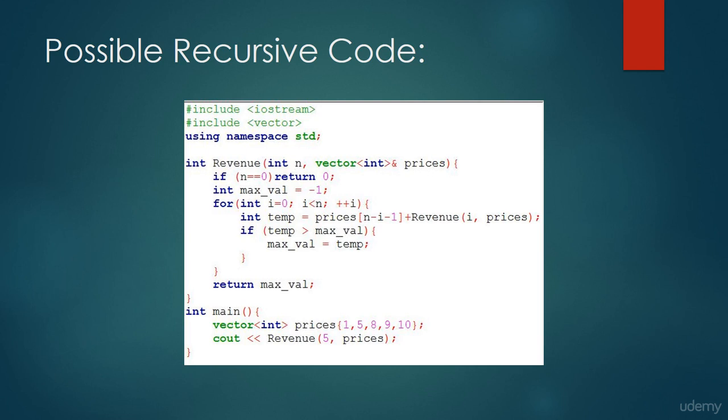And then if temp is bigger than maximum value, just switch the value, because we want to find the maximum value of all these elements. So when i is equal to 1, it's going to be prices n minus 2, which is basically Pn minus 1, plus revenue of 1.